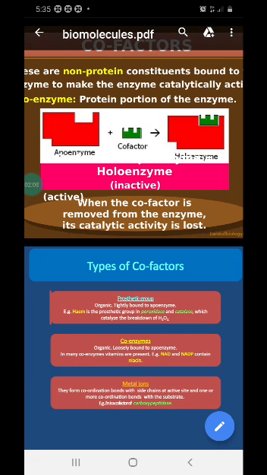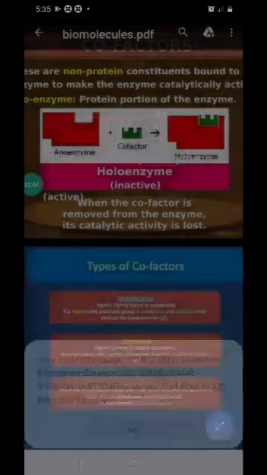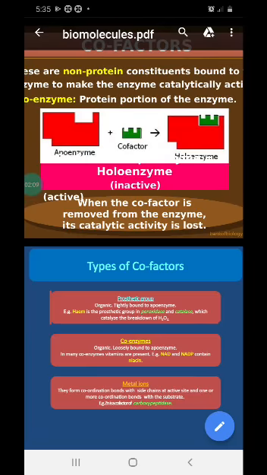For example, heme is the prosthetic group in peroxidase and catalases, which catalyze the breakdown of H2O2 into water and oxygen.